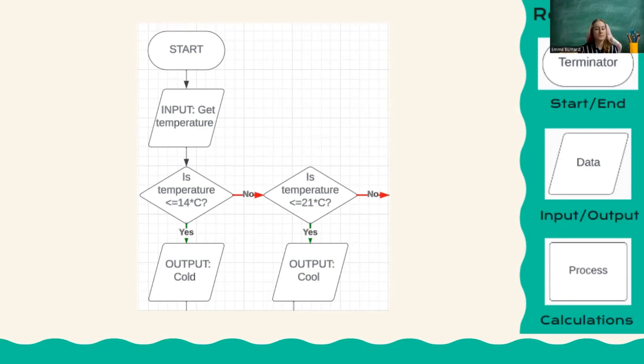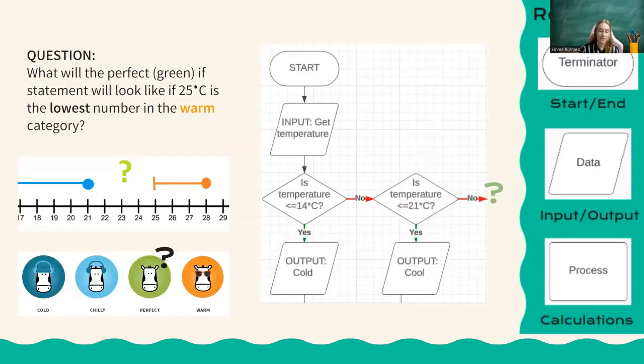If it was, you can see that the program would tell us it was cold or cool in the second else if. So can somebody tell me what the flowchart would look like if we start including the perfect temperature category, if 25 degrees Celsius is the lowest number in the warm category?